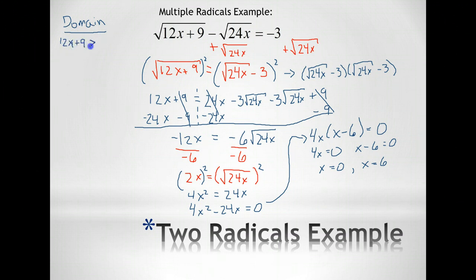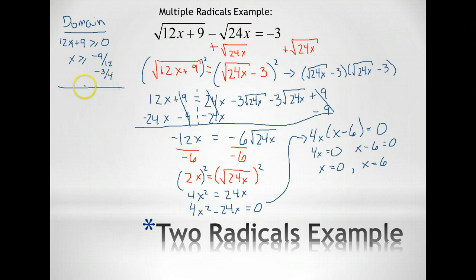Remember, 12x plus 9 must be greater than or equal to 0, so that means x is greater than or equal to negative 9/12, which is the same as negative 3/4. So both of those are greater than or equal to negative 3/4, and for the 24x, that just has to be greater than or equal to 0. So they work in the domain.